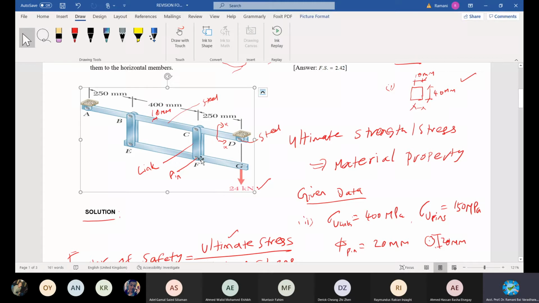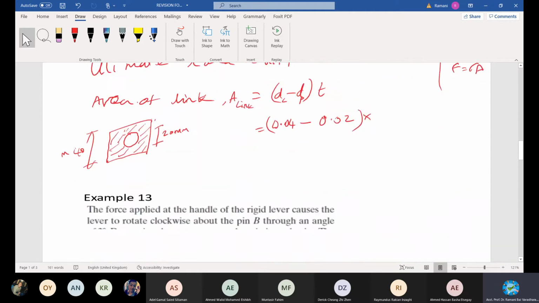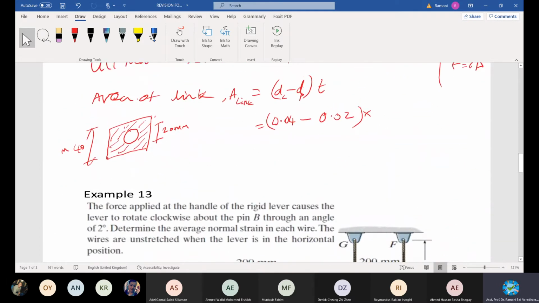This much depth of the link is contributing to this load and the stress distribution. Hence, you need to calculate the net value contributing to the stress distribution by deducting the pin. It will be times 10, the thickness of the link. This is the area contributing to this stress distribution. How much is the answer, please? Give me the answer.